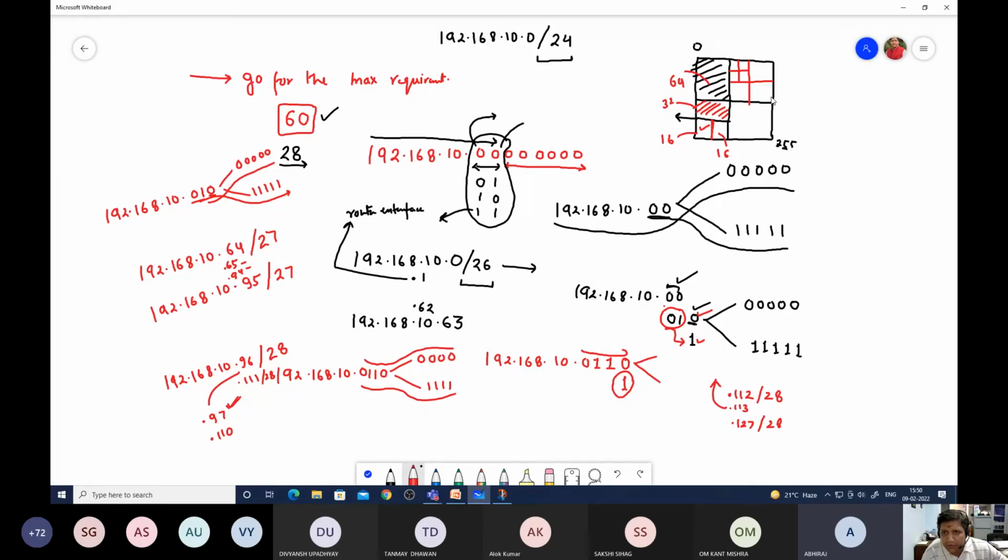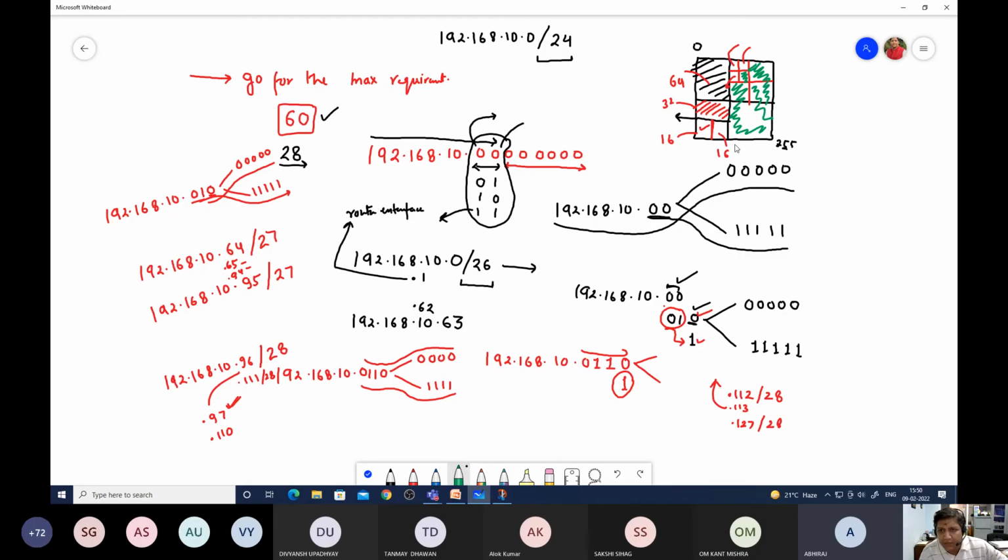So there were 64, 32, 16, 8, 8, and then 4. So you assign this, this, and this. Okay. And after you assign these 3 subnets, what is remaining? Even after assigning everything, this much would be left, which can be assigned later.